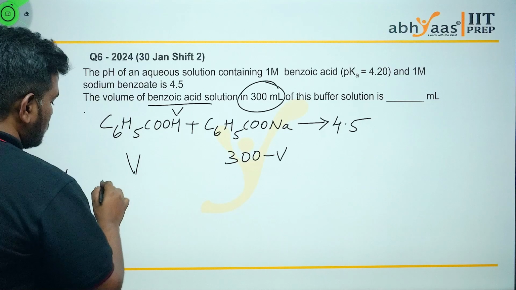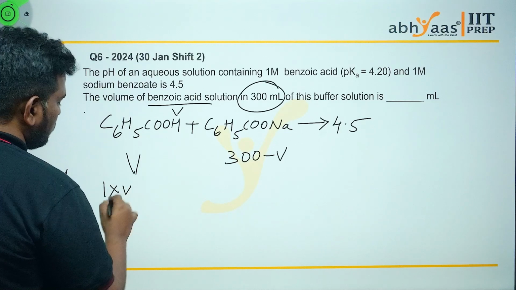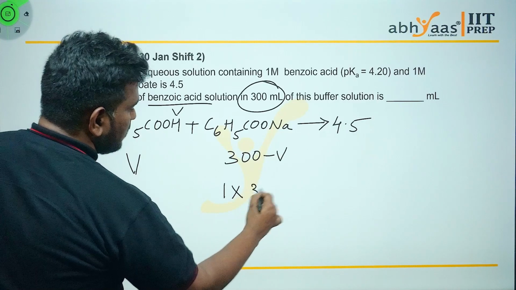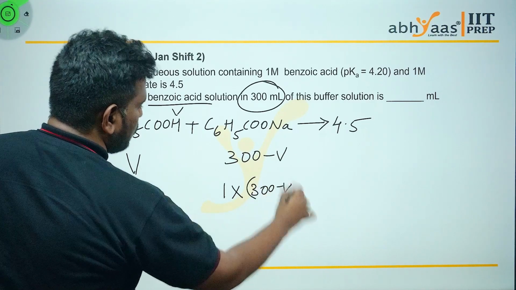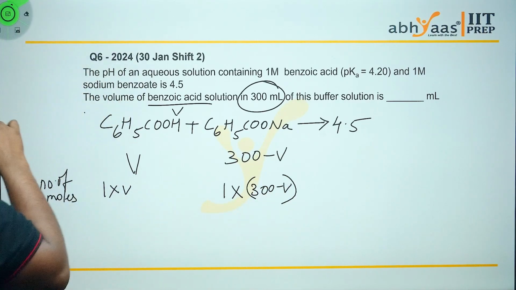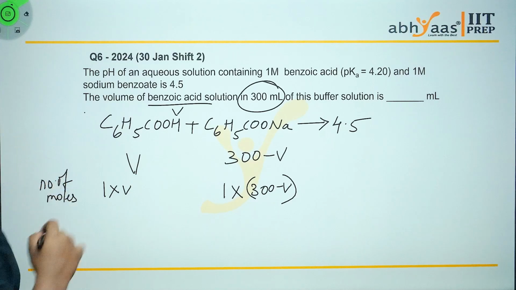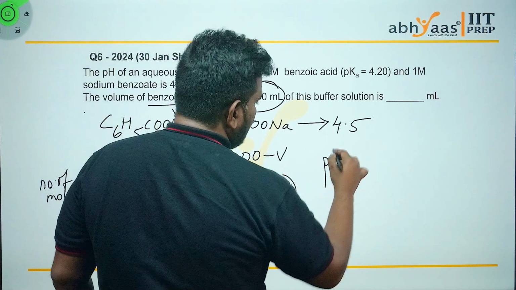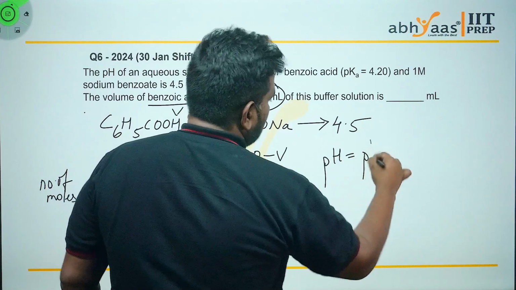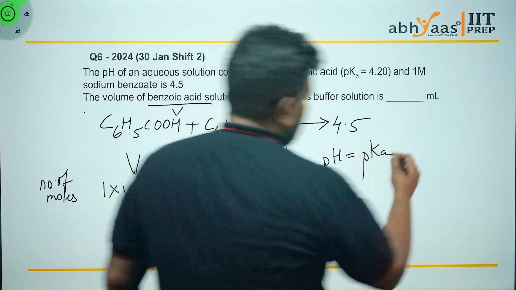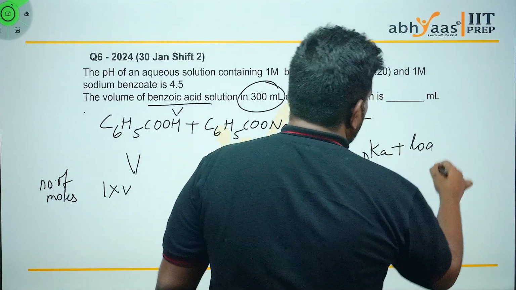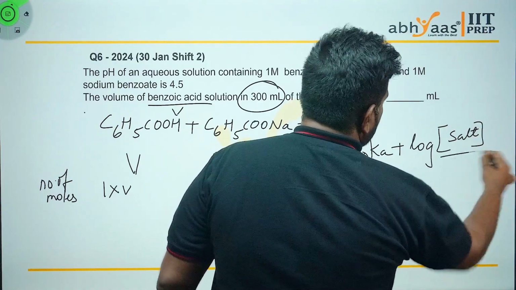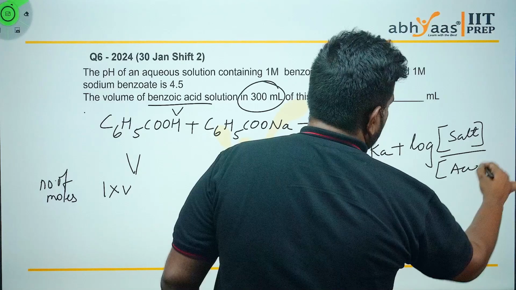It is 1 M. So 1 into V, and here 1 into 300 minus V. Now we know an equation to solve this problem. We know that pH is equal to pKa plus log of concentration of salt by concentration of acid.